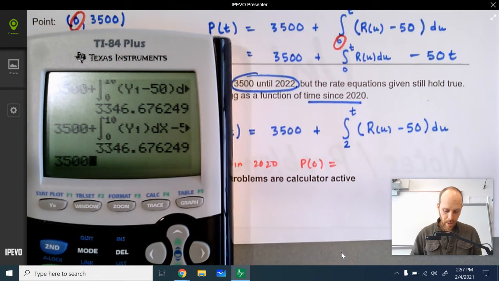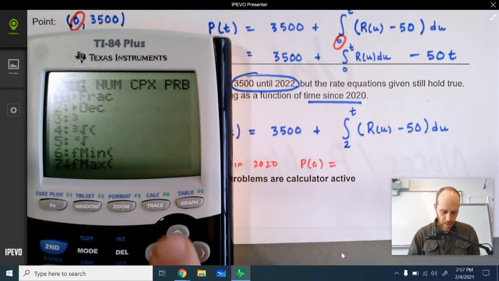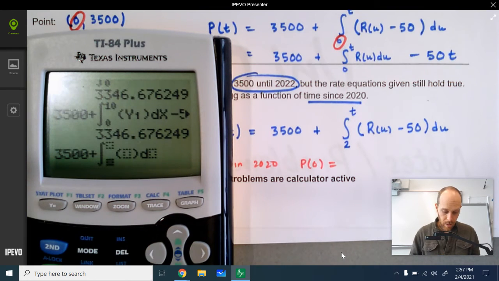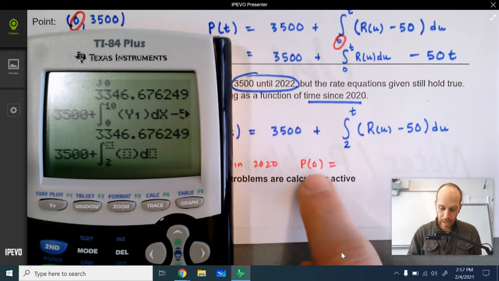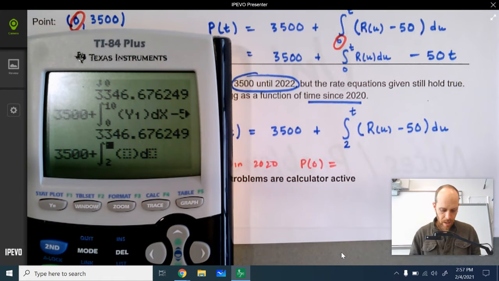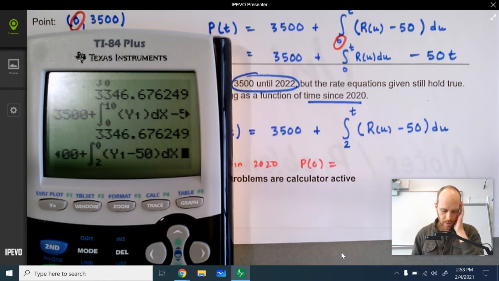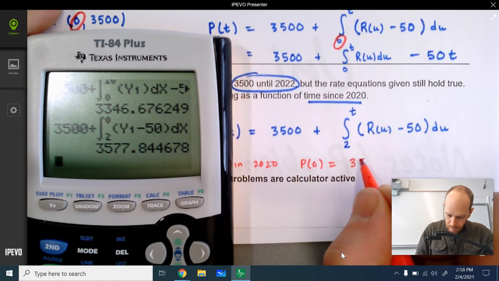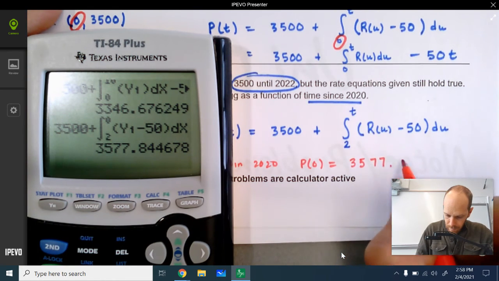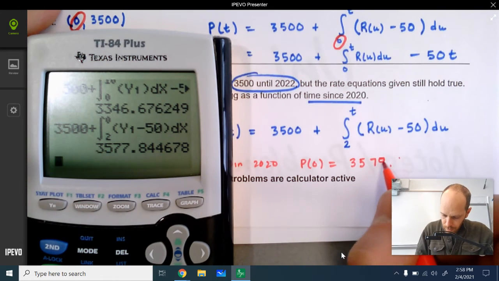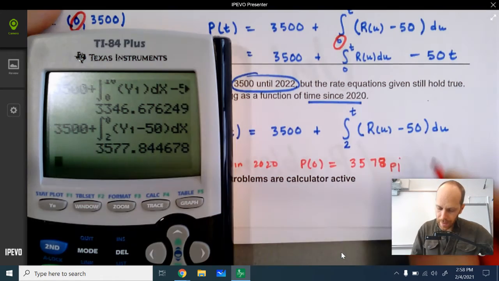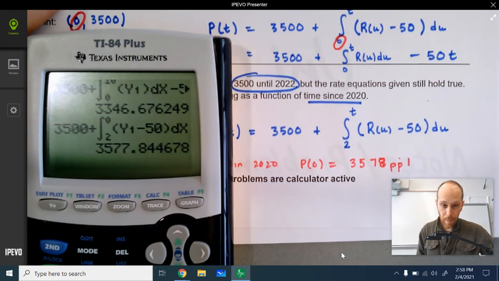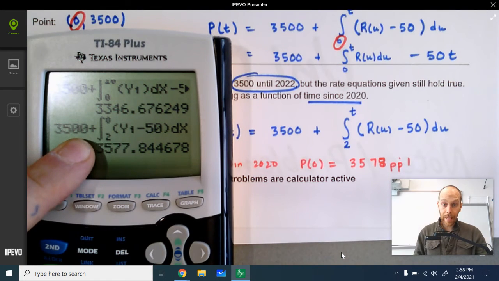We'd say 3,500 plus the integral from 2 to, I'm plugging in for t a 0, of y1 minus 50 dx. I guess you can't have 0.8 of a person. We'll just say 3,578 people.